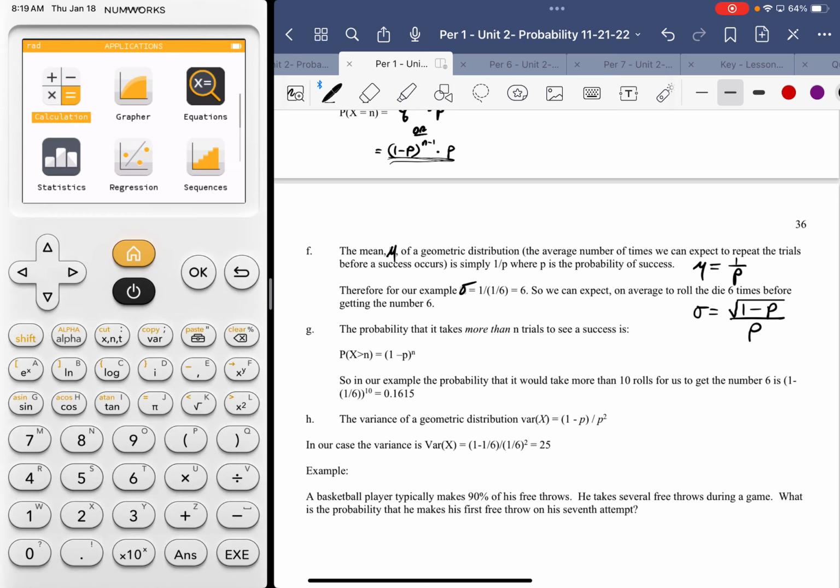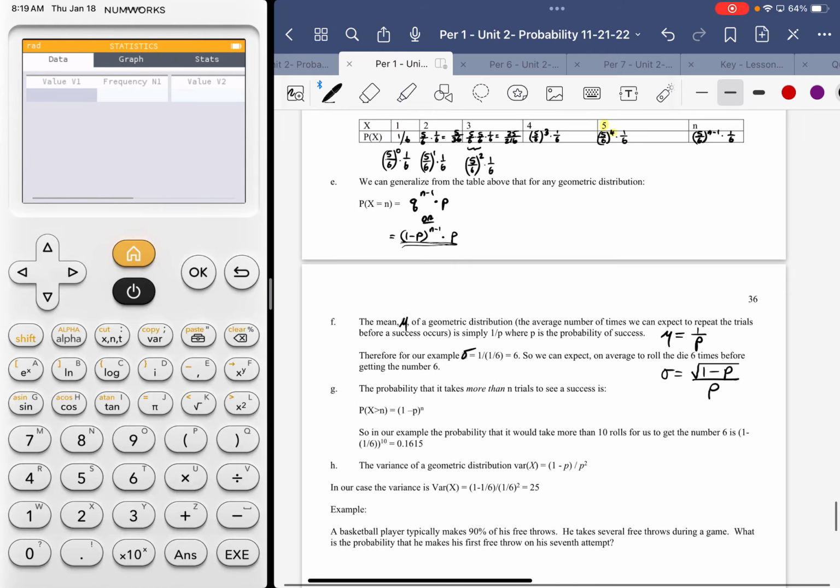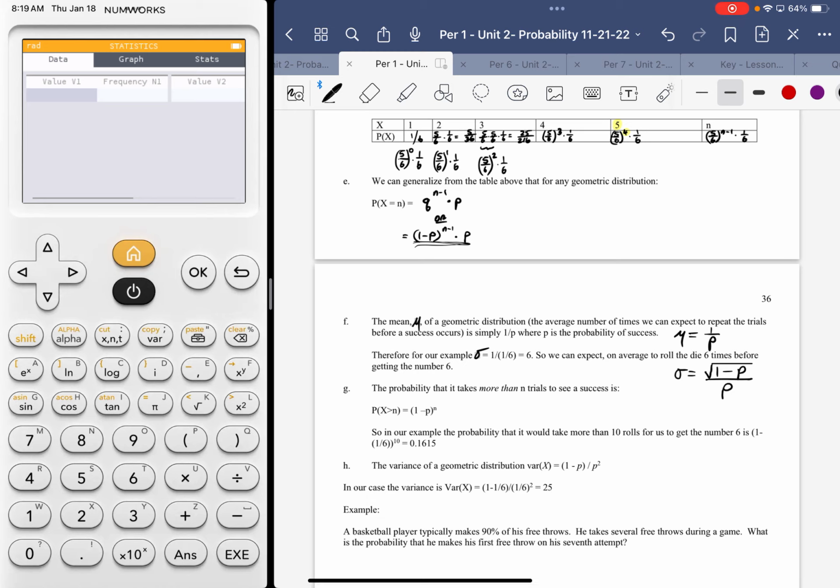All right, so I'm going to go into statistics. I'm going to make my table going from 1 to some large value. It really doesn't matter. Obviously, we don't have to go too far to get an idea of what's going on with the graph. So I'll go maybe 1 to like 20. Remember the shortcut way of putting in consecutive values, starting at 1 and going to whatever number you want, caps off at 100.